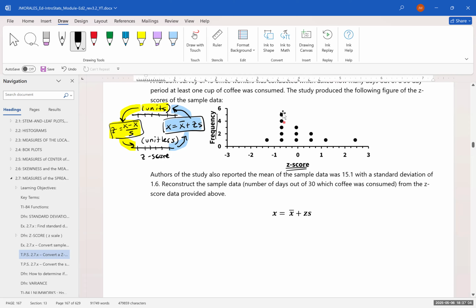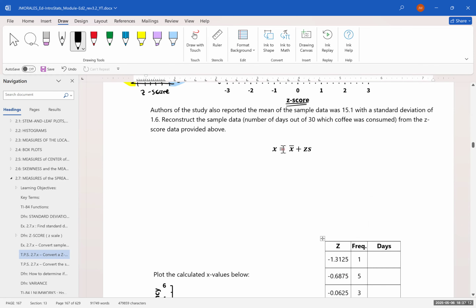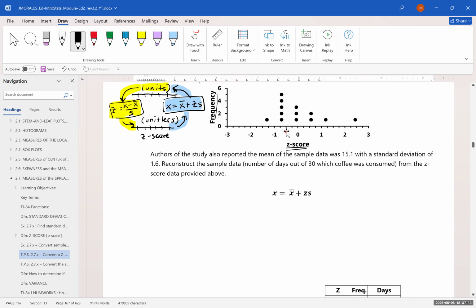The next one, with a frequency of 5, has a z-score of negative 0.6875. Here is negative 0.5, and this is negative 0.75, so this is negative 0.6875.